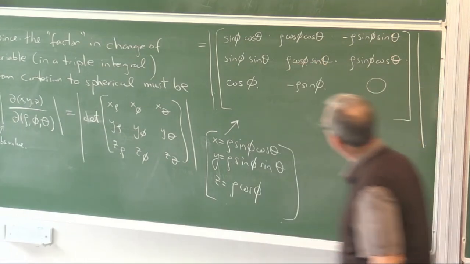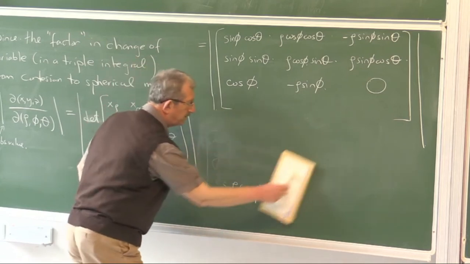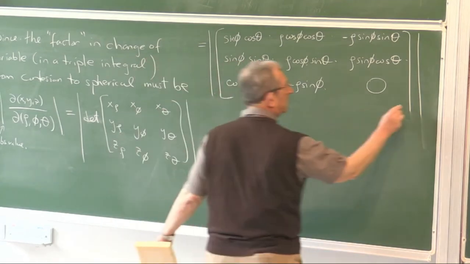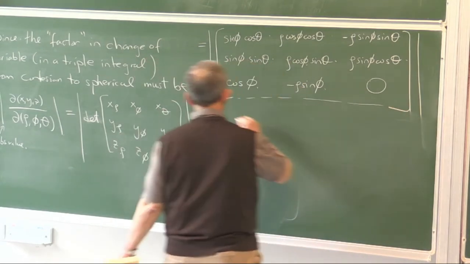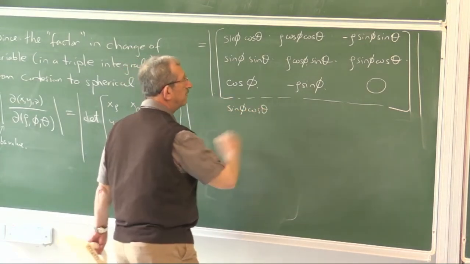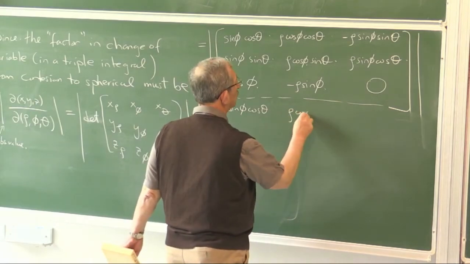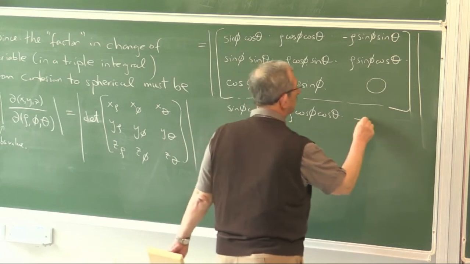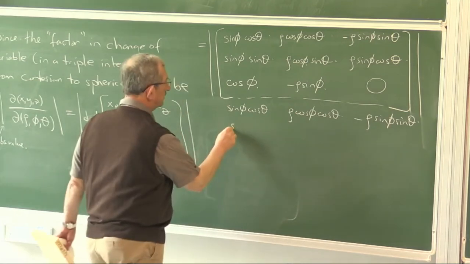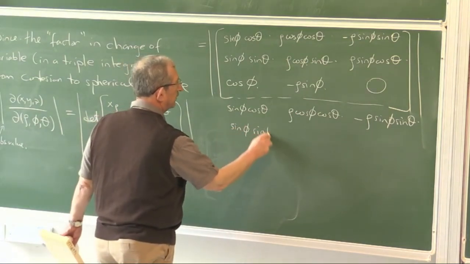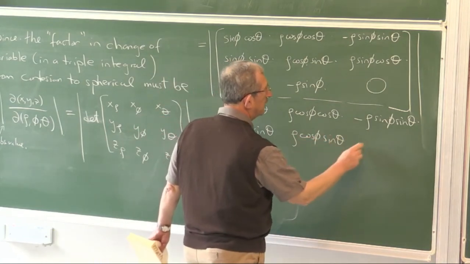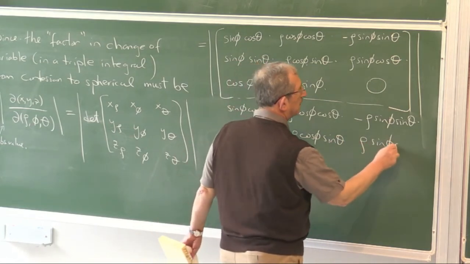Let me do it in detail. Now I can erase this part. Now let me repeat. Sine phi cosine theta, rho cosine phi cosine theta, minus rho sine phi sine theta, and sine phi sine theta, rho cosine phi sine theta, and rho sine phi cosine theta.